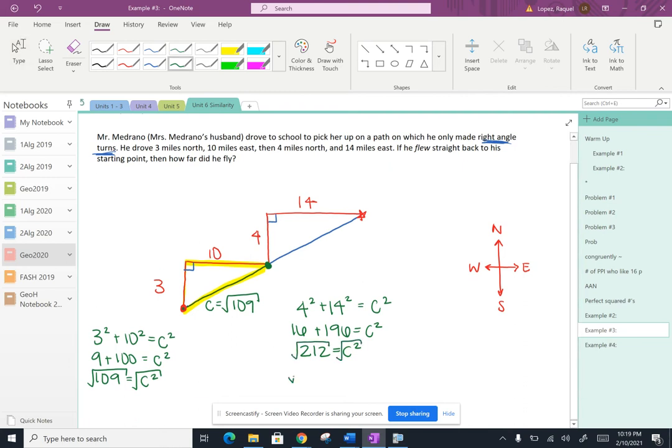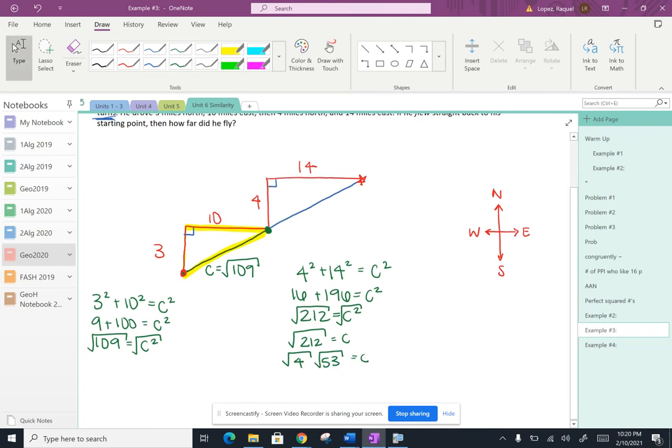Now I can simplify the square root of 212. So the largest perfect square number, I should say, that goes into 212 is 4. 212 divided by 4 is going to be 53.